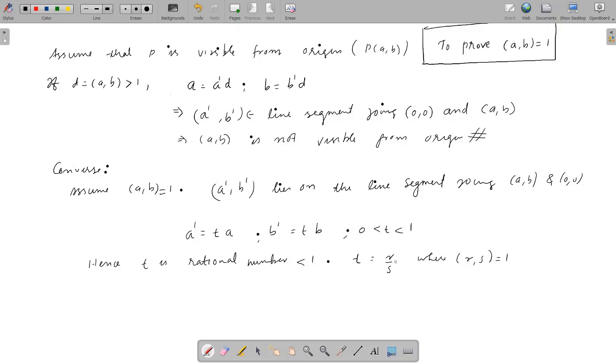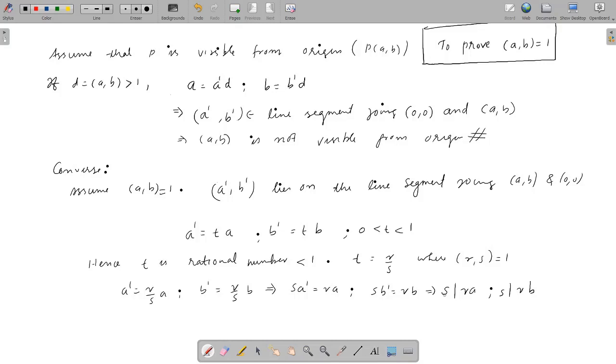Since T is less than 1, S is strictly greater than R. From this you can write A prime is equal to R by S times A, B prime is equal to R by S times B. Consequently, S A prime is equal to R A, and S B prime is equal to R B. So this implies S divides, obviously S divides LHS. So S divides R A and S divides R B.